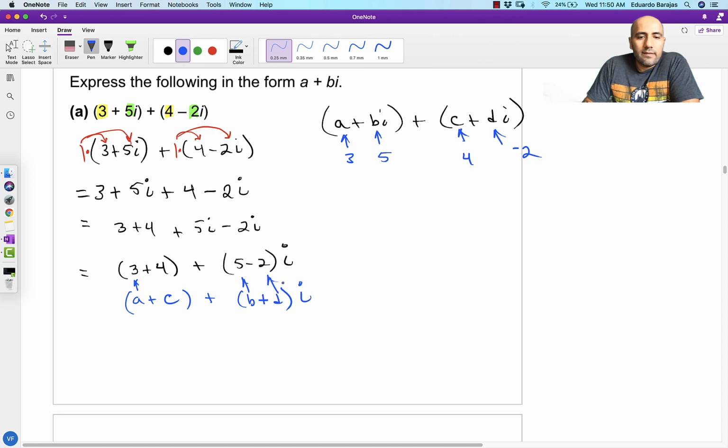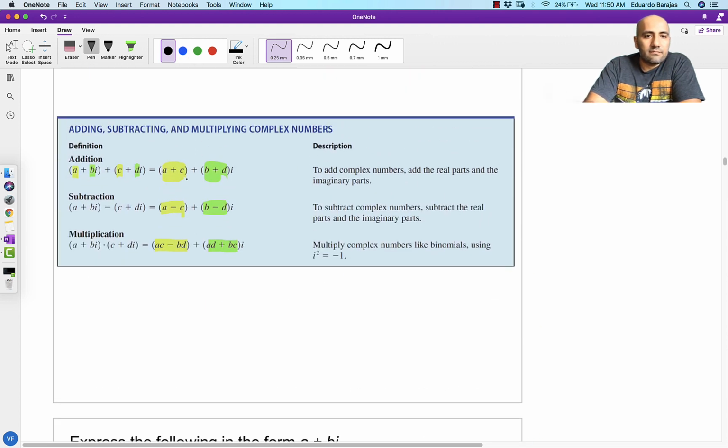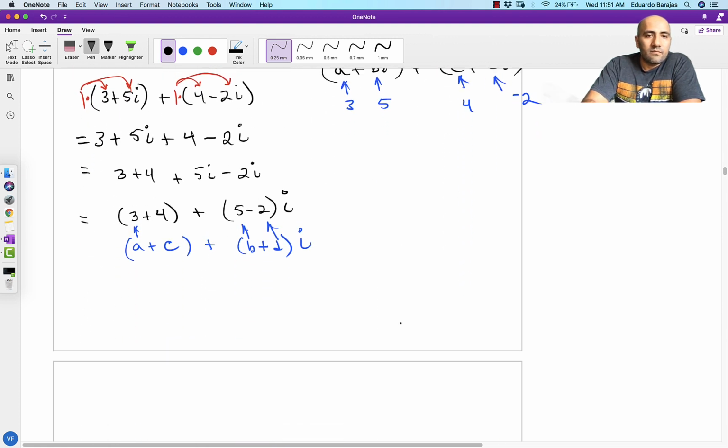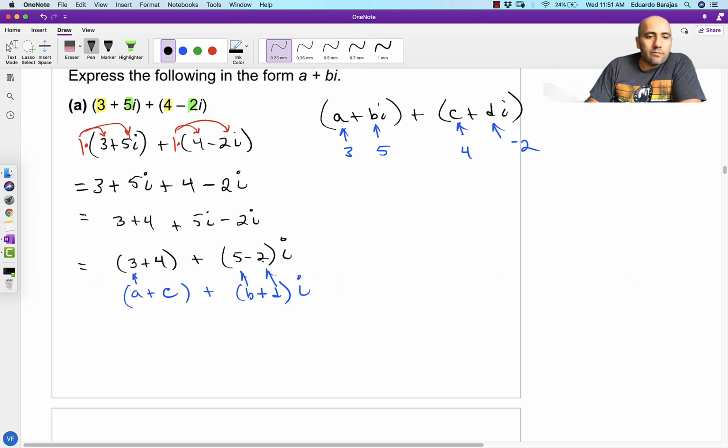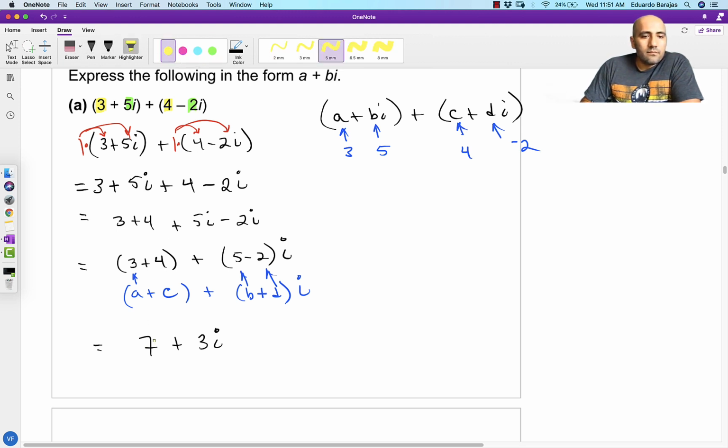Okay, so it fits that form from above, if you want to follow this guidance: a plus c plus b plus d, i. Then we can just simplify it by doing the arithmetic. This is 7 plus 3i, right? A complex number solution, where 7 is the real part and 3 is the imaginary part. Okay, so adding complex numbers, very easy.